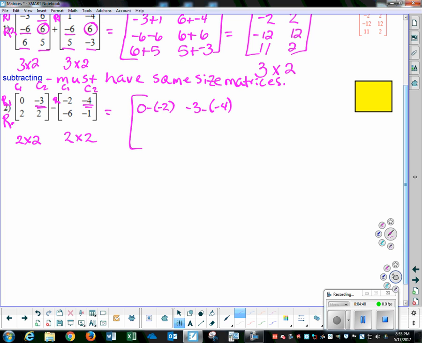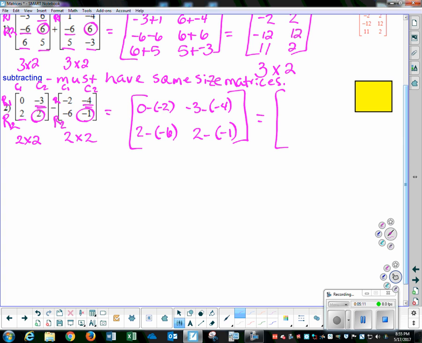Moving on down a row, row 2, column 1, I'm going to take the 2 with the -6, 2 minus -6, and this 2 with this -1, 2 minus -1. Wow, so many negatives.